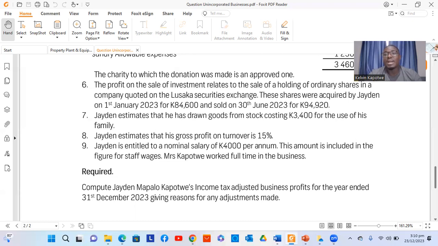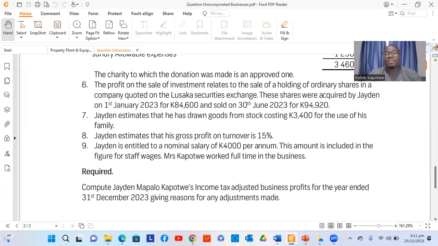Okay, so when you give money to your relative who's working in your business, the payments you give to them must be reasonable. What is reasonable is not defined by the Income Tax Act, but what ZRA uses is other workers in the business to determine whether the income that you're giving your wife, your son, your nephew, is reasonable.